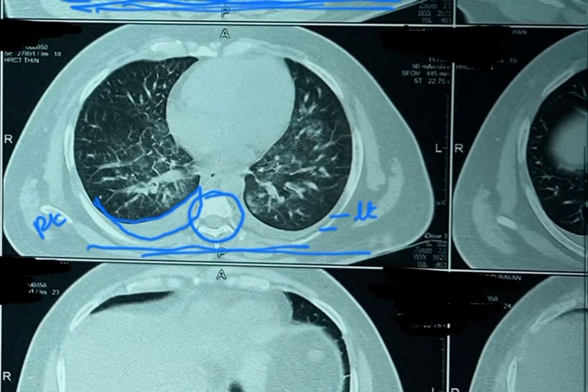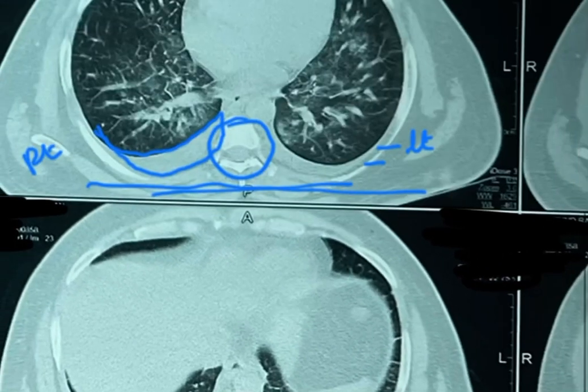We can see the same thing in other slides also. We can see this is air. This is all air. This is very hyperdense bone. Obviously, this is bone. This is bone. And in between the bone and the lungs is pleural effusion. So this is all pleural effusion.